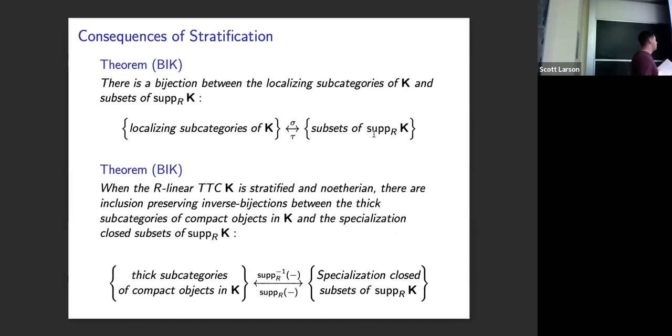Furthermore, if K is stratified, then you also get a classification of the big tensor ideals in the compact part of K, between tensor ideals of compact objects and specialization closed sets. So for localizing subcategories, you look at arbitrary subsets of the R support of K. For the big tensor ideals, you look at specialization closed subsets.